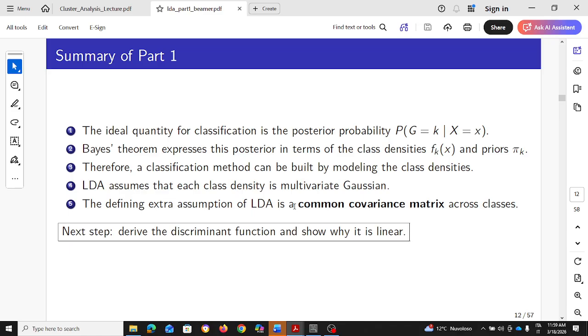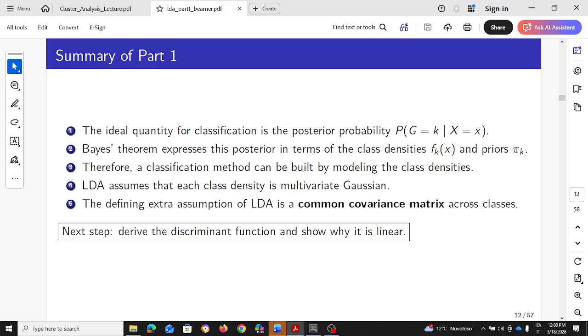So to summarize what we are doing here, our problem is classification, and we are in supervised classification. We have labels. So the first target is, for each point, we calculate the posterior probability. Then we shift to Bayes rule. With the help of Bayes rule, we use the densities and the posterior probability to assign a new point to a particular group.